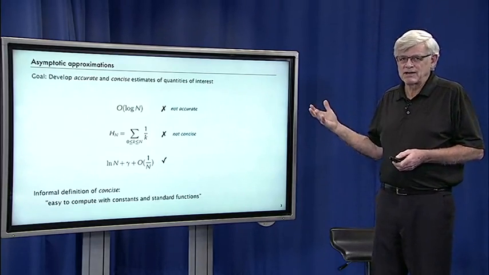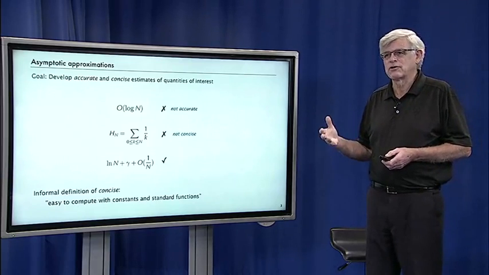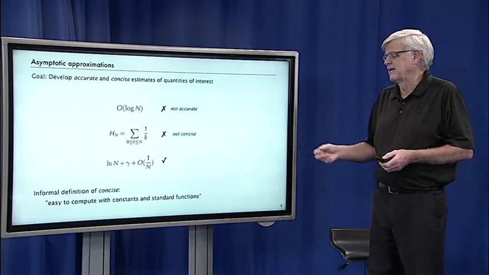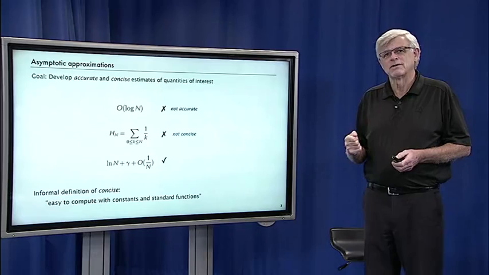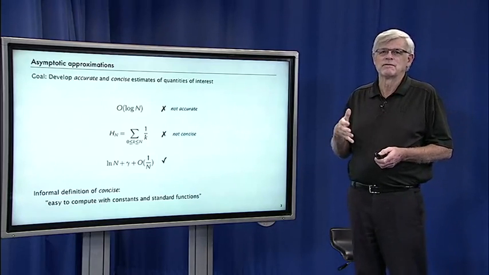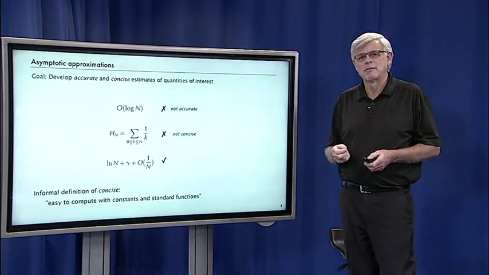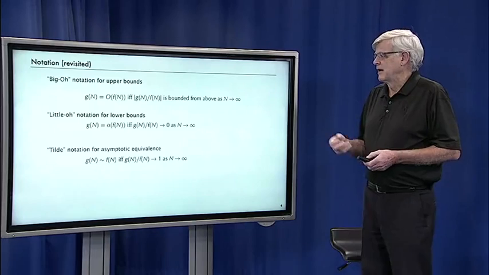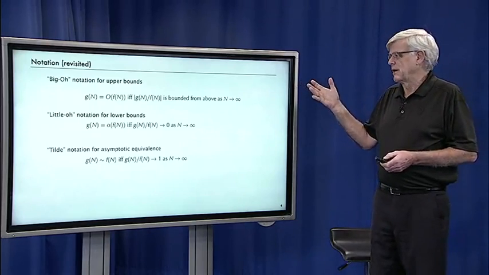And without asymptotics, it would be hard to do so because without computers, you definitely need to be able to compute your answer. And that's always a good perspective to have in the back of our minds when we're thinking about asymptotics.